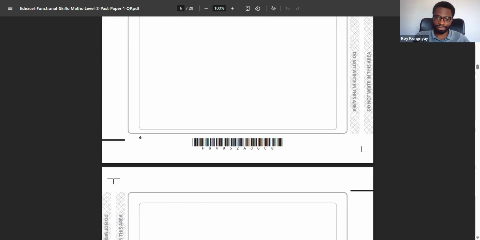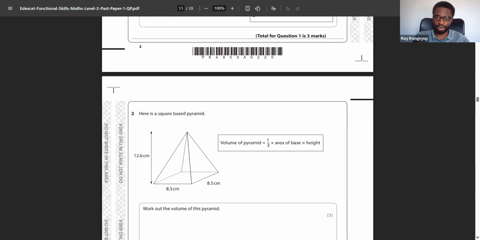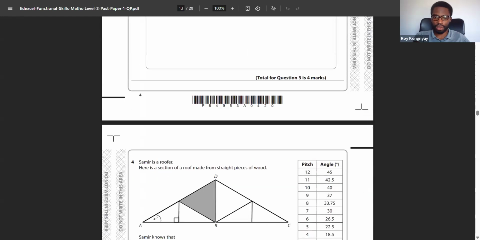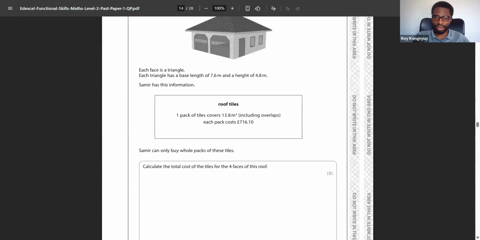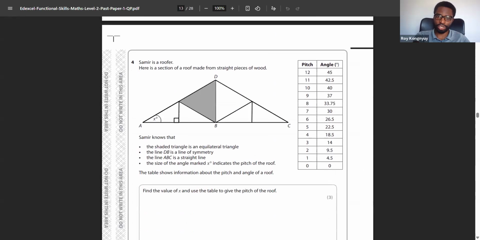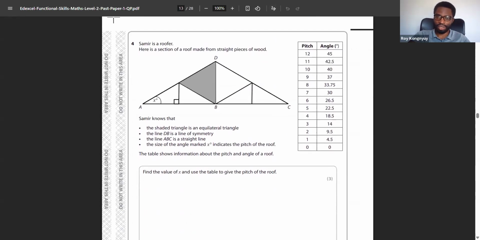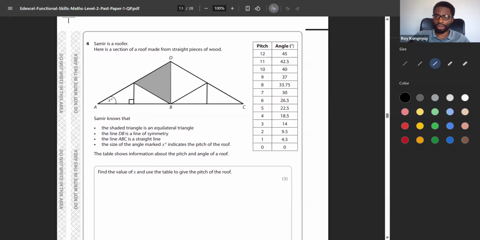So last time we were doing this paper and I wanted to cover this question again because this question gave us some trouble. I should be more specific. It gave me some trouble.